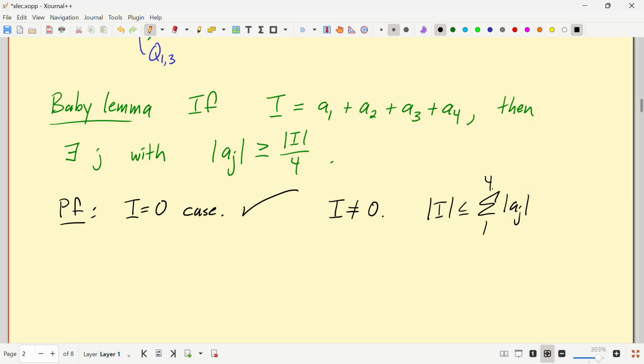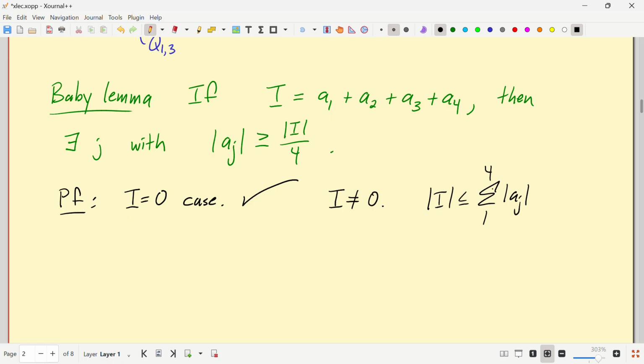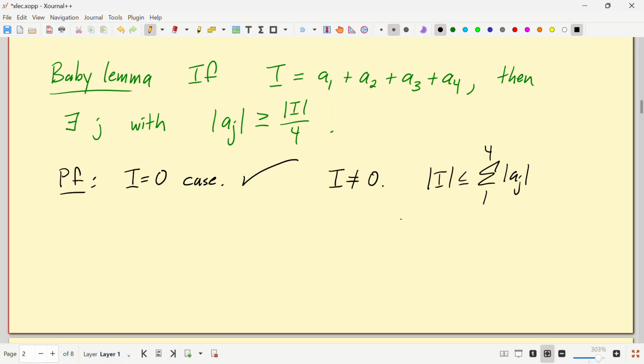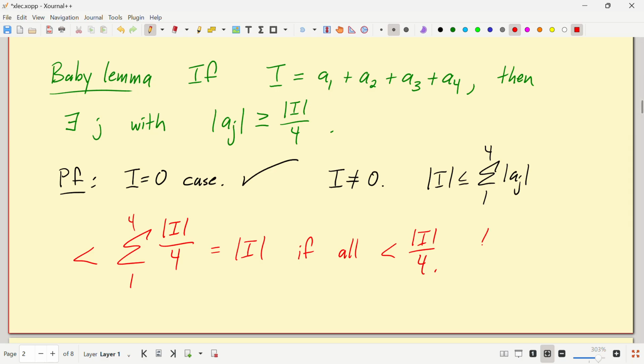And if they were all strictly less than I over 4, then that sum would be strictly less than I over 4 times 4, which is I. And of course, that's a contradiction.